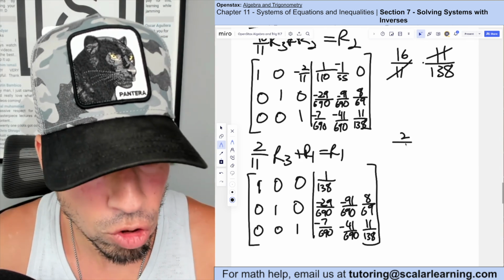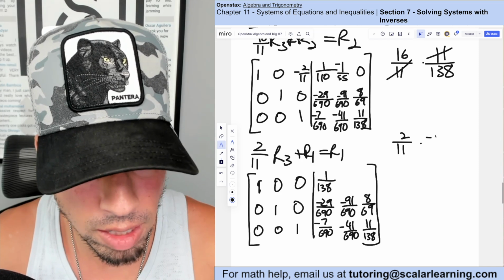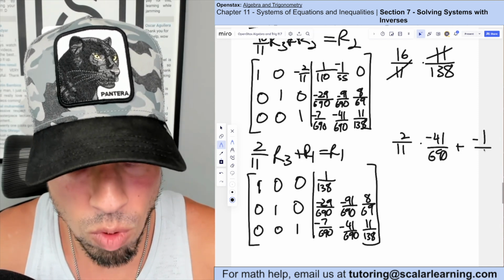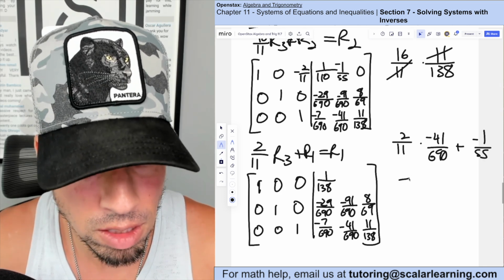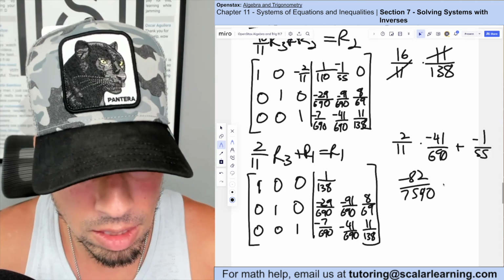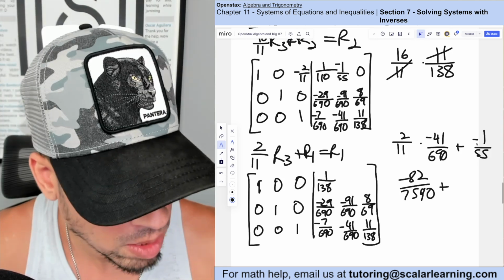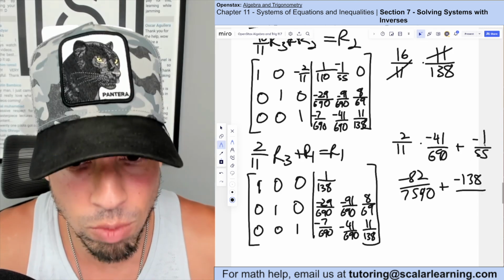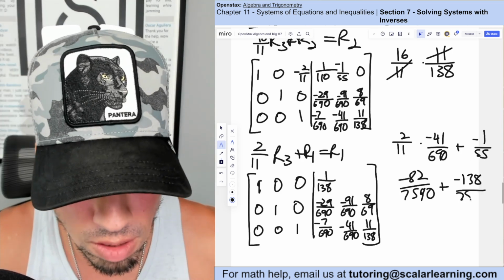So then we have 2/11 times negative 41 over 690 plus negative 1 over 55. That's going to be negative 82 over 7590. And then to get a common denominator, multiply top and bottom by 138. So we get negative 138 over 7590.